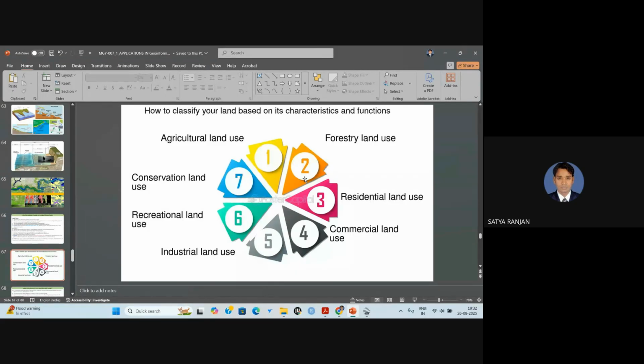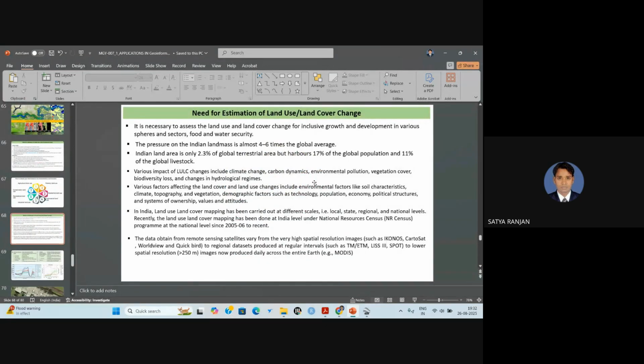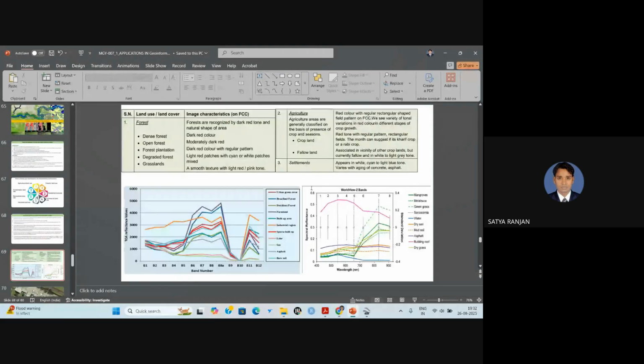Likewise, some agriculture, industries, commercial, and residential. All these patterns are there. So why do we use land use and land cover classifications? For different planning and different base map creations, we use land use land cover, and for growth and development, and it shows the urban growth and how this changes over time.